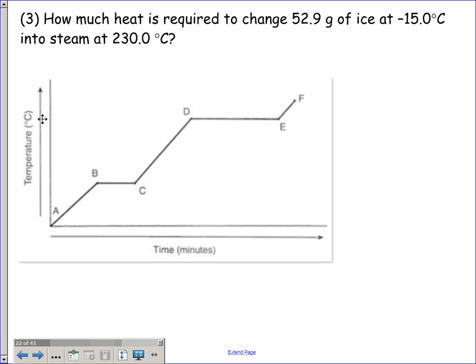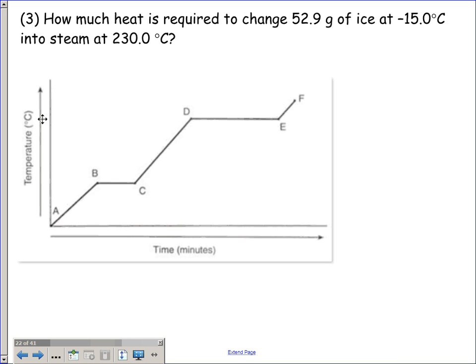It's number 4 under heat of phase change. Do you see that? Okay, so draw yourself a heat curve, and we're going to label the pieces of this. We're going to talk about how to do each of the pieces together, though. So this is not on the foldable. This is just on your notes that you're taking for calculation practice.